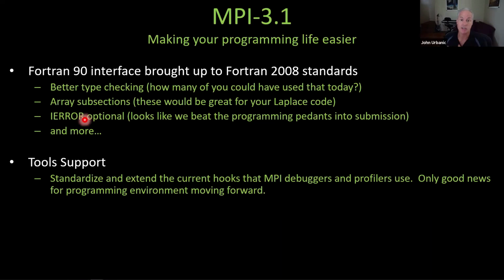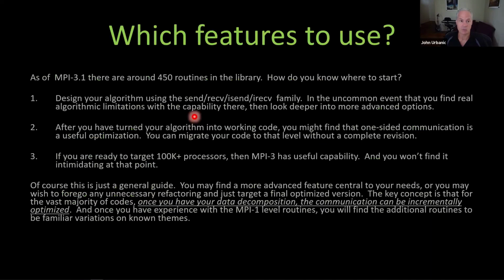The error code stuck on the end of things is now optional. There's a lot of nifty stuff if you use the Fortran 2008 module instead of the classic mpif header file. If you do use mpi 2008, you'll find that it brings along some nifty stuff as well.